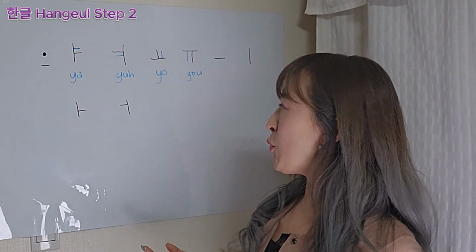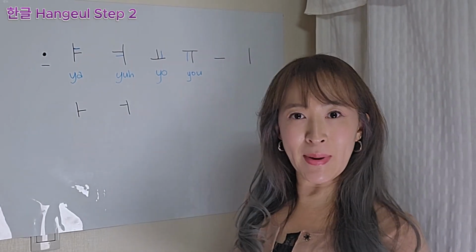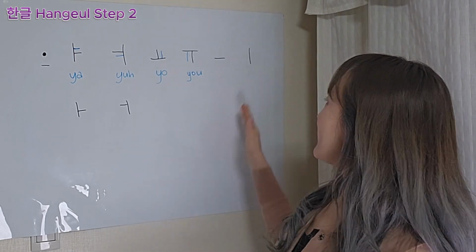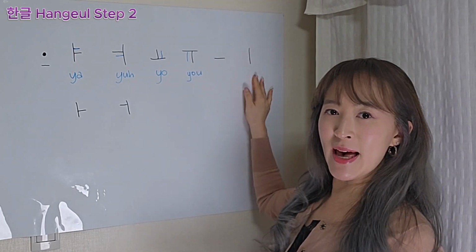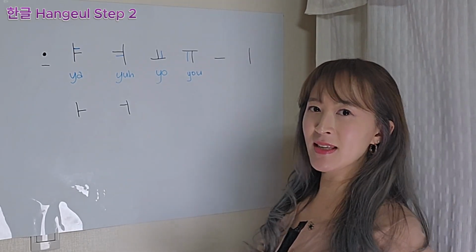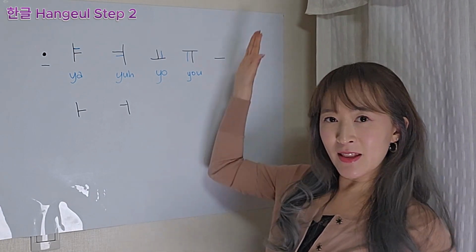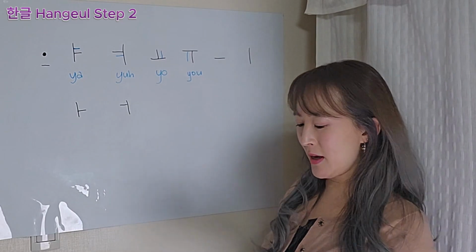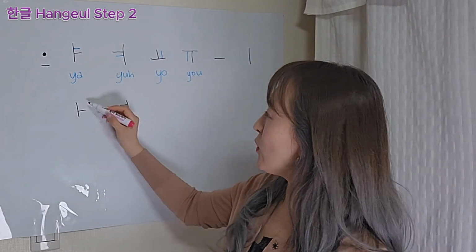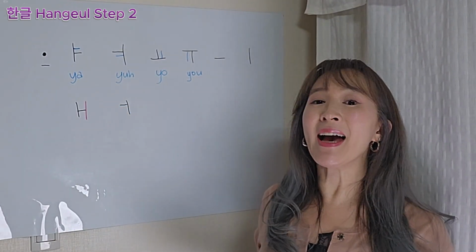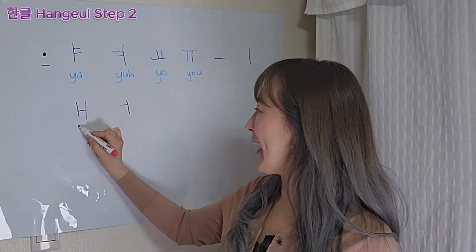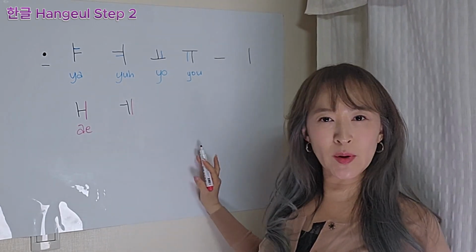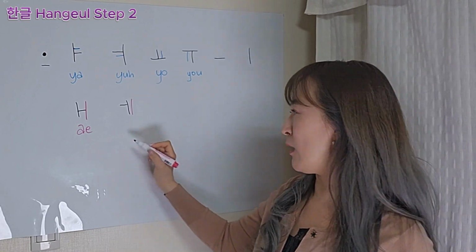And this time we again have the basic vowels from last time, and now we will add E. We will add this E to this because it's the vertical line, right? And this is also the vertical line, so they come together, and we will put it here to make a sound. And we can put it also here and also make a sound.